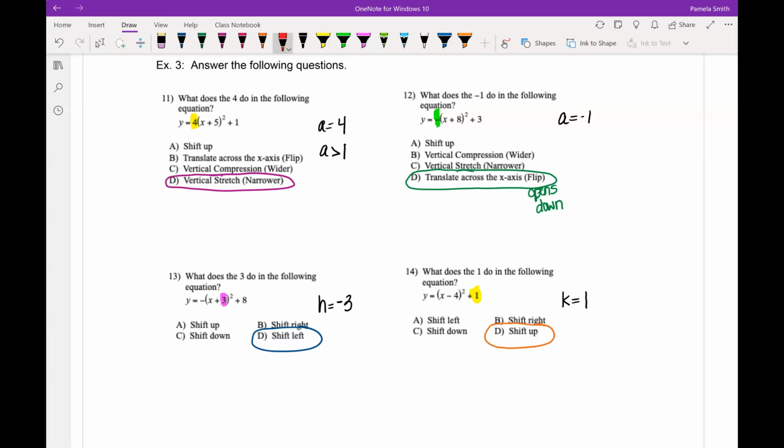And I'll put a little note here for those that are struggling with this. H shifts the graph left or right.